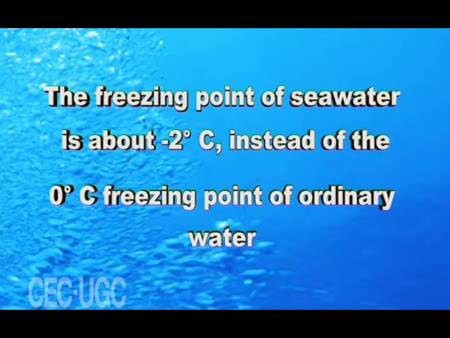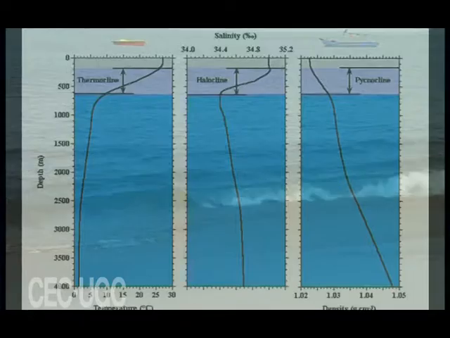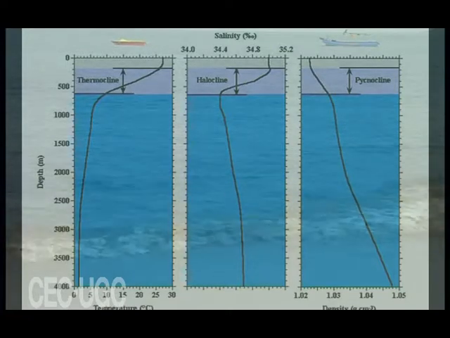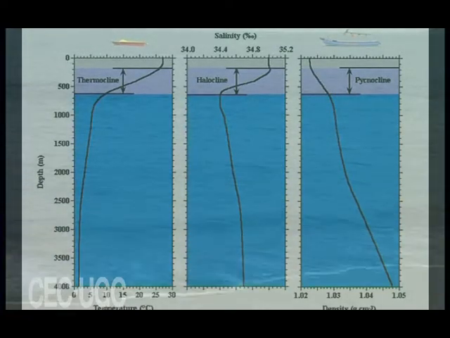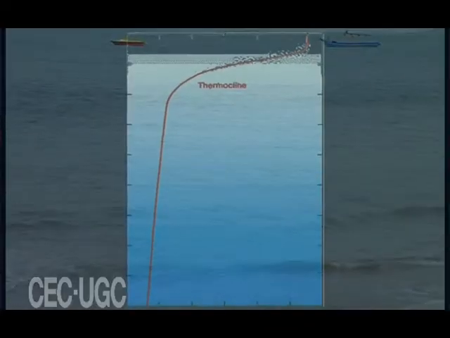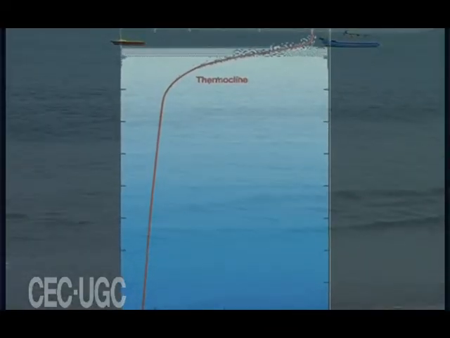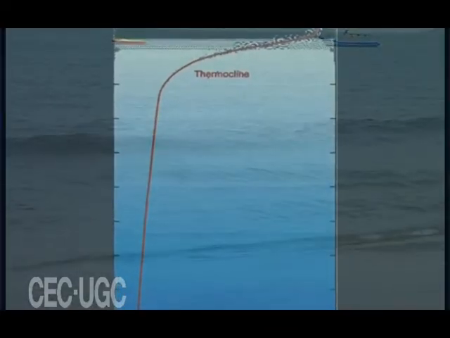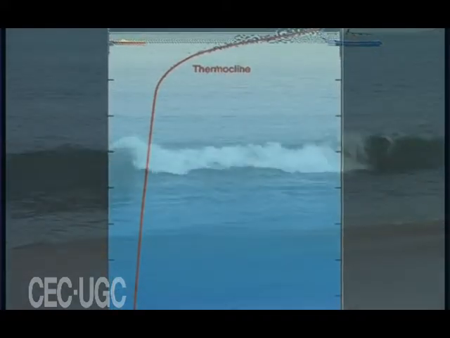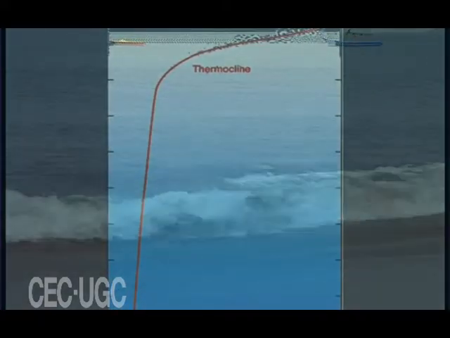The freezing point of seawater is about -2 degrees centigrade instead of the 0 degrees centigrade freezing point of ordinary water. Temperature and density share an inverse relationship. As temperature increases, the space between water molecules increases, so density decreases.